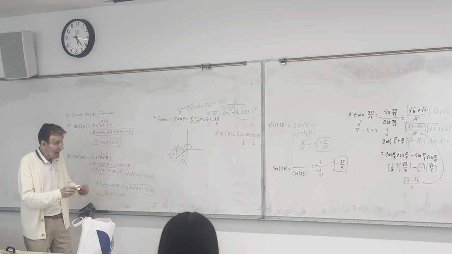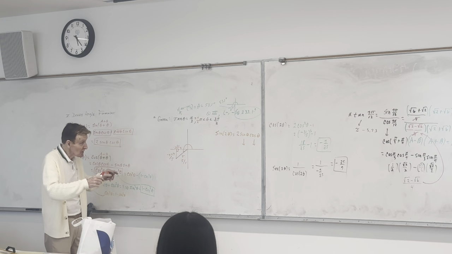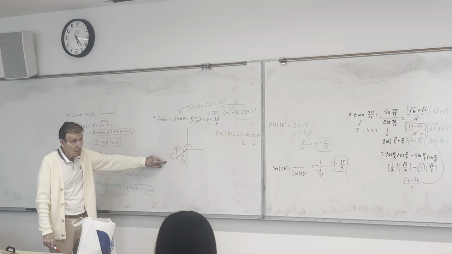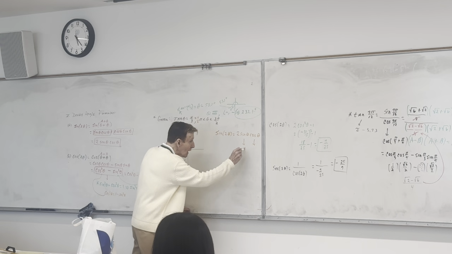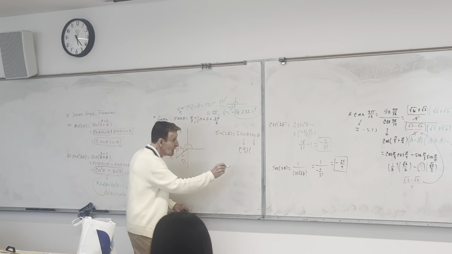Now I need sine theta. On the triangle, since I'm back to a unit circle, sine is y. That's negative 4/5, that goes right here. Cosine is x, negative 3/5.